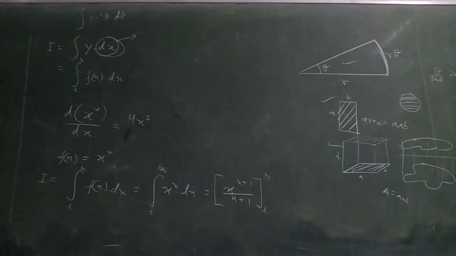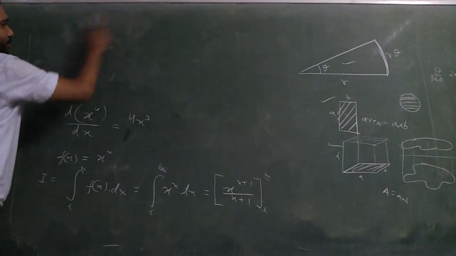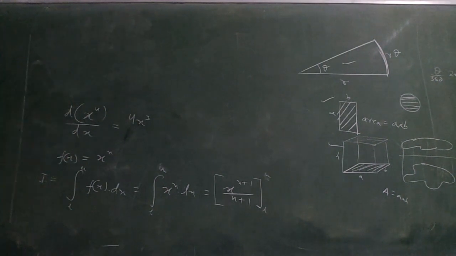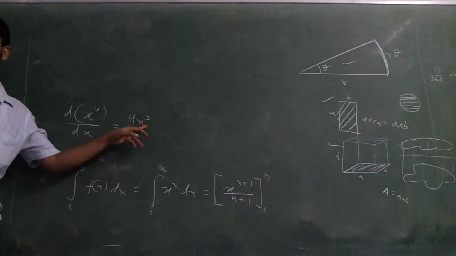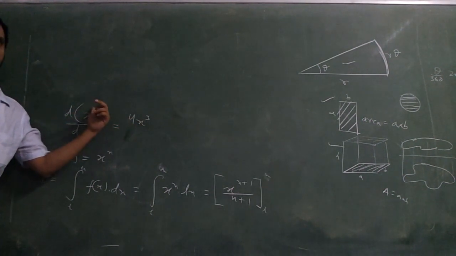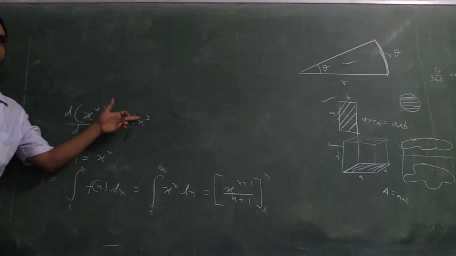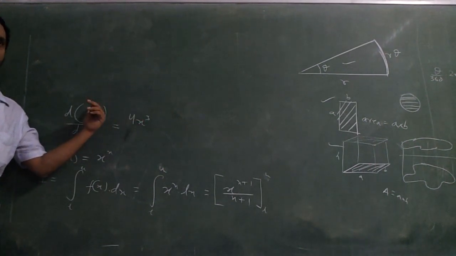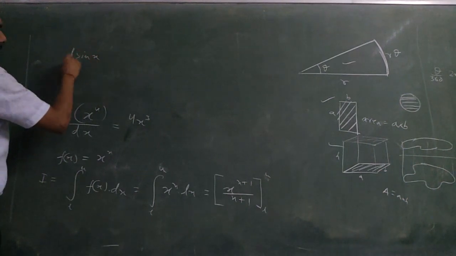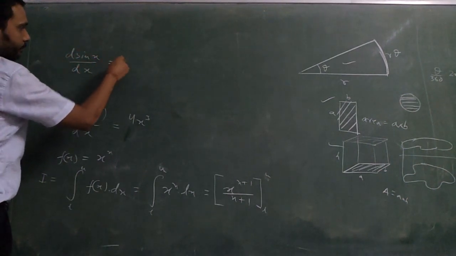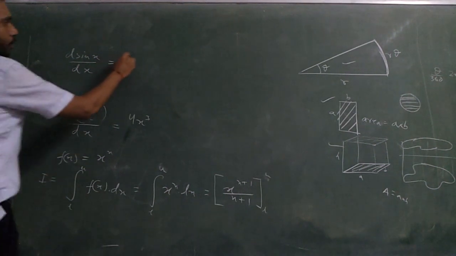Currently you will require one is this, another one is, 2-3 you will require, I will write them. You see, differentiation of this is this, integration of this is that. You differentiate sin x, what do you get? Cos x.